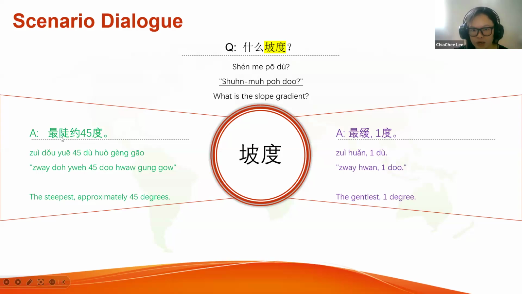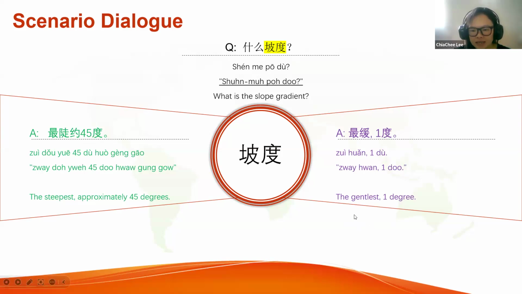This is just a sample answer. So 最陡 the steepest approximately is 约 or 大概45度 45 degrees. Then we have the gentlest like quite flat lah. The slope gradient is quite flat.